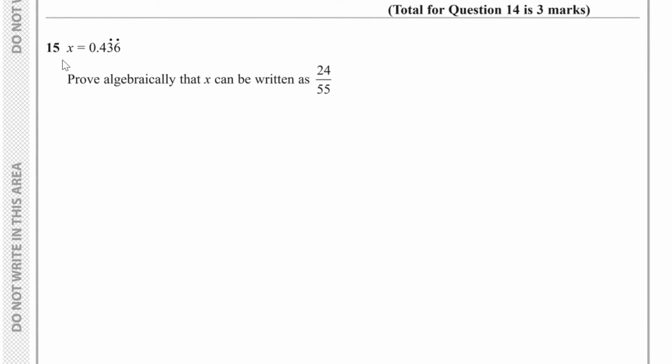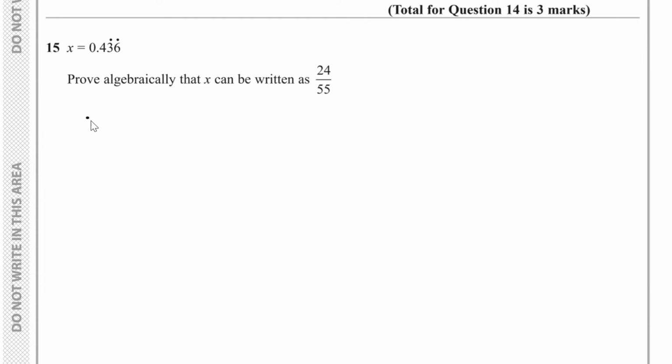Question 15, we're given that x equals 0.436 recurring, where the 3 and the 6 are repeating, and we have to prove algebraically that x can be written as 24 over 55.